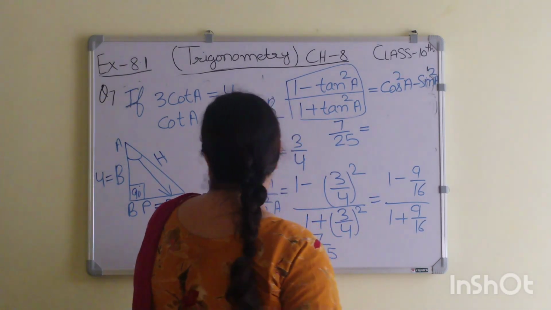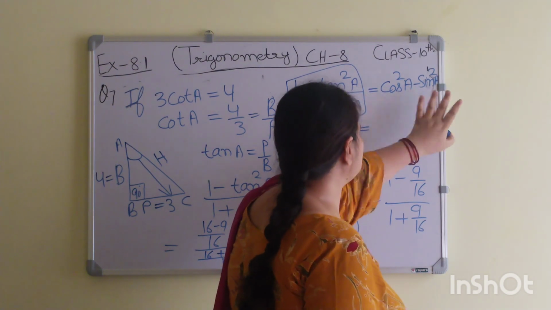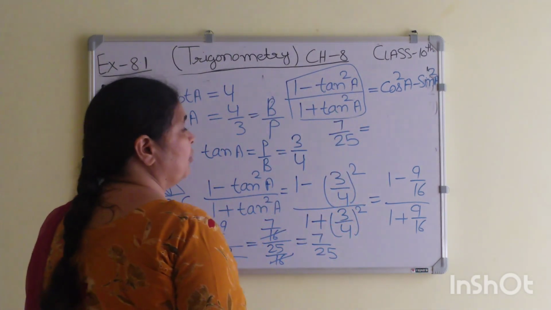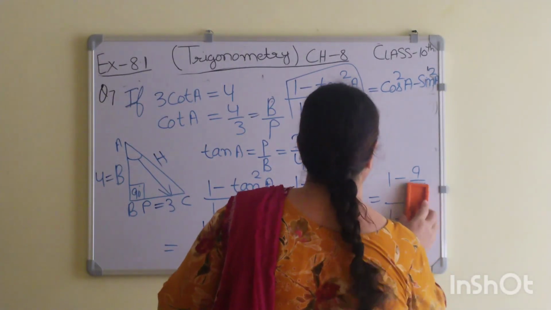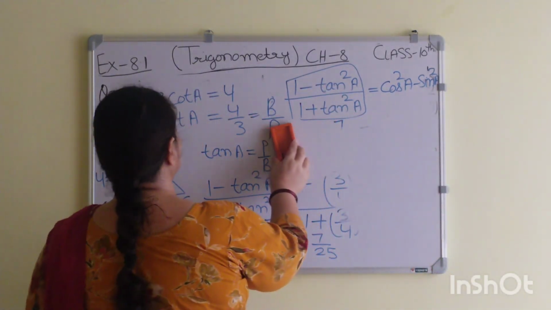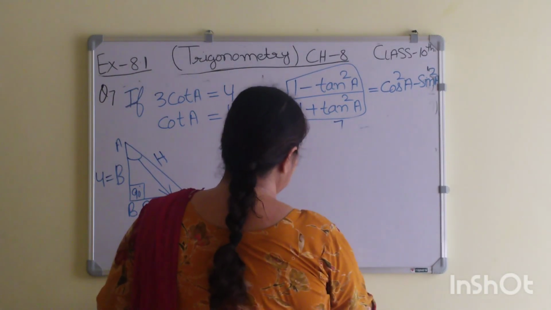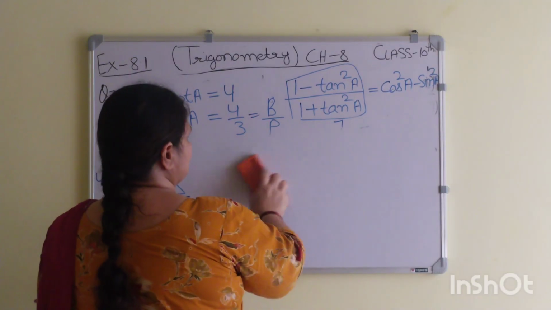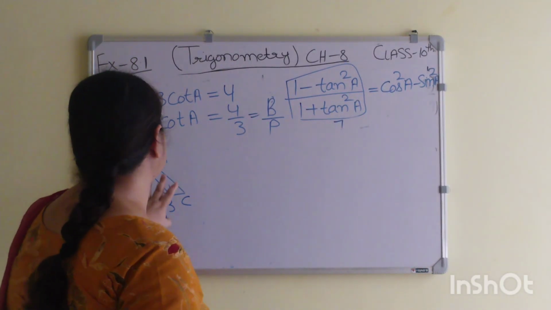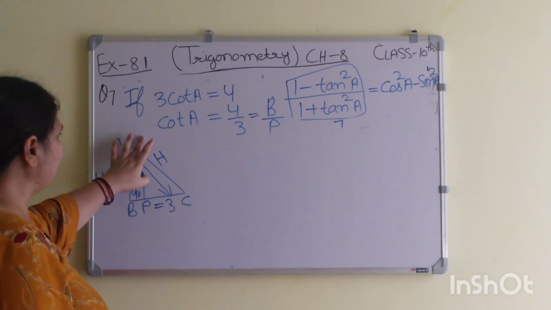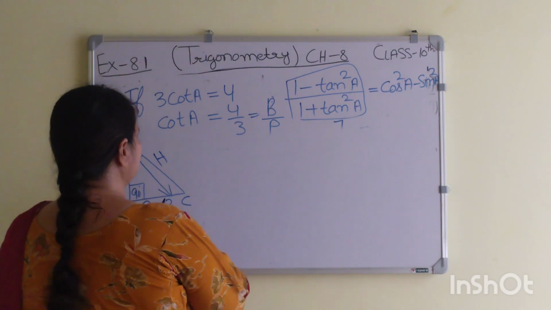Now we will find the value of cos square A minus sin square A. For this, first of all we should find out the value of AC, which is the hypotenuse.